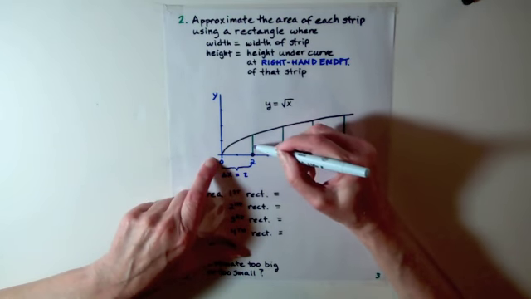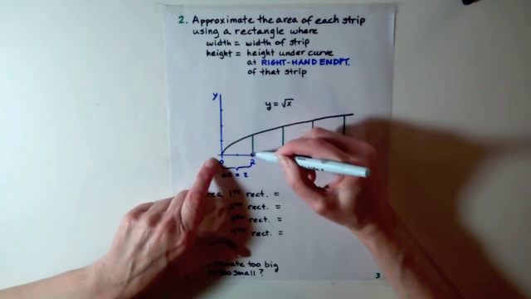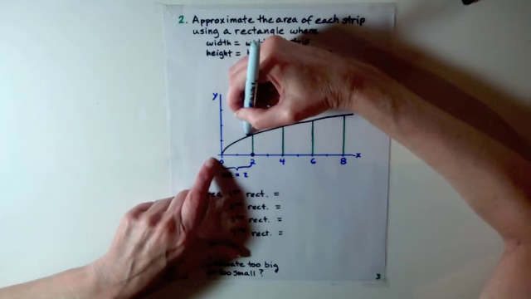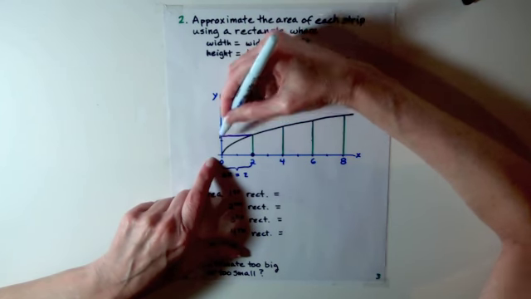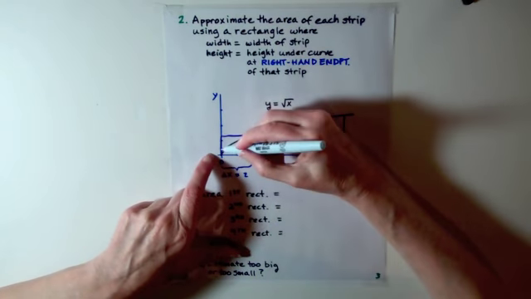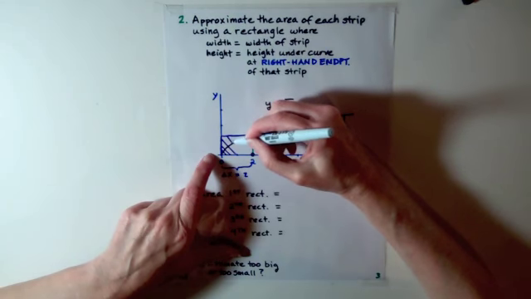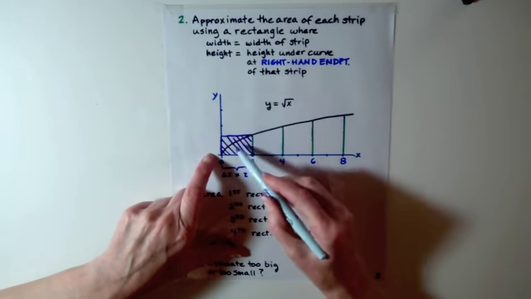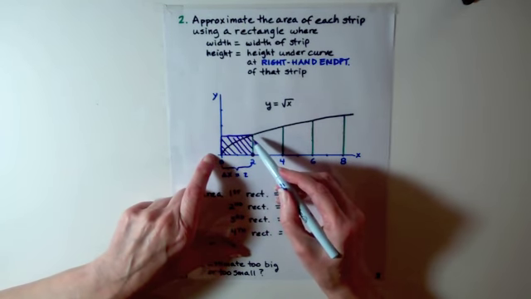And there's a certain height under the curve, that's this green height that's right here. That's going to be the height of my rectangle. So I'm going to create a rectangle that's that high, and that has the same width as the strip. And whatever the area of this purple rectangle is, that's what I'm going to use to approximate the area under the curve for that particular strip.